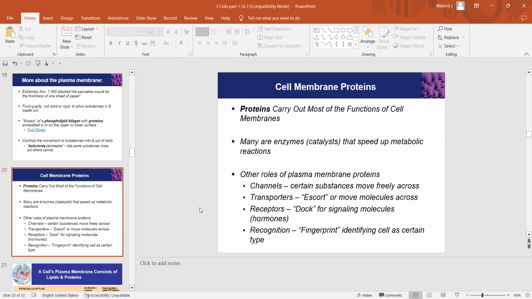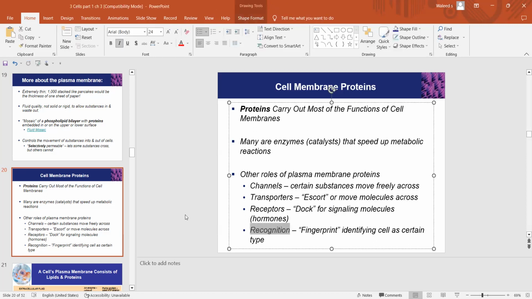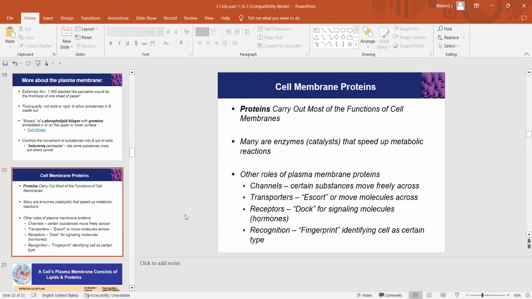How does he know that this is your house? There is a sign on your house with a number in your street, like 23555 4th Street, for example. This sign with a number is the recognition sign, which is also a protein, and it is unique. You cannot have two houses on the same street with the same number. It's impossible, right? It's unique, just like a fingerprint.